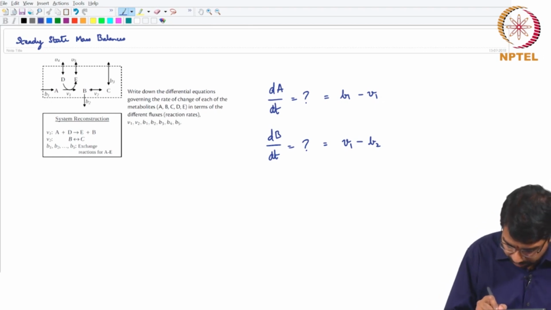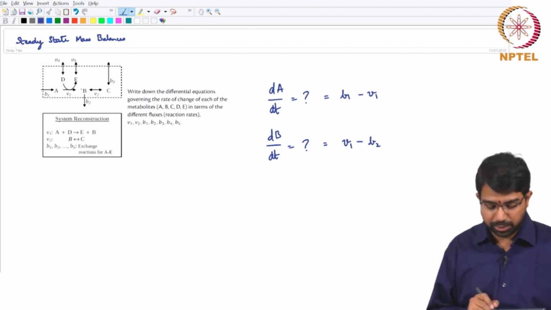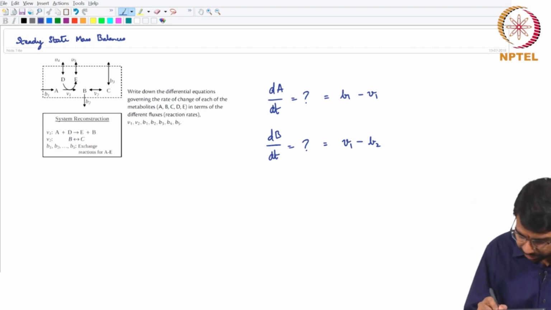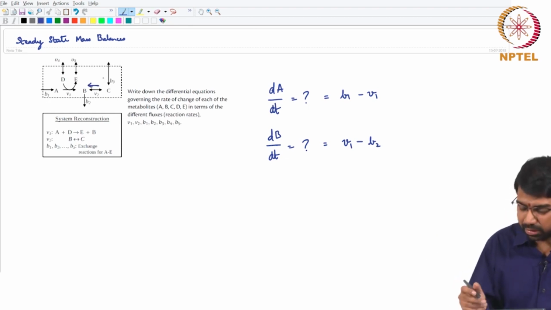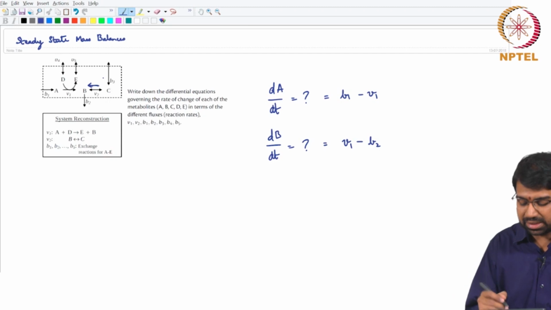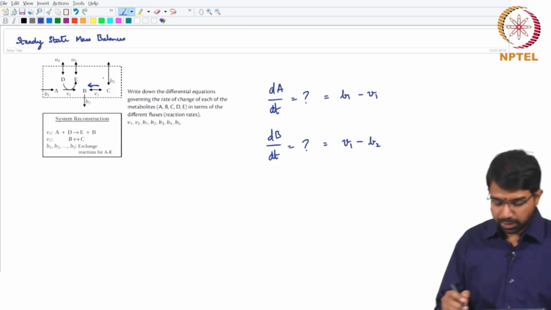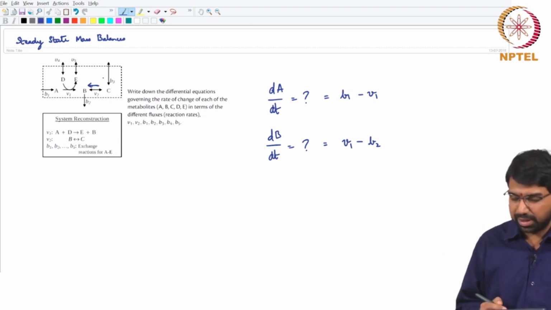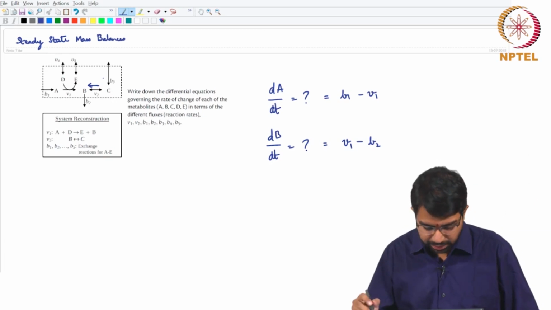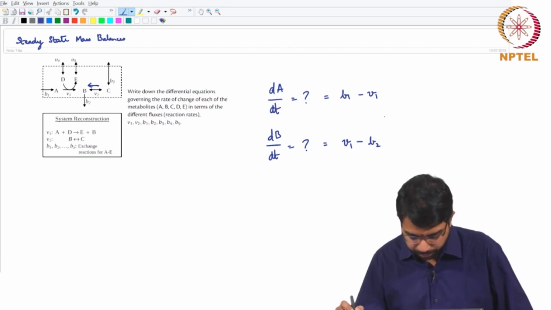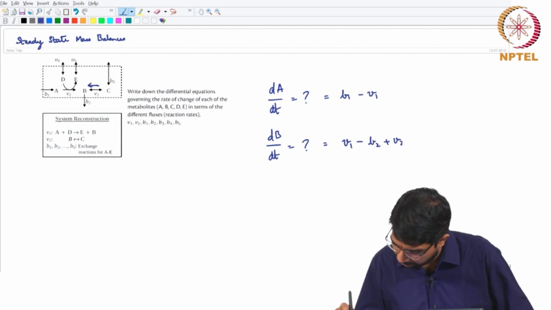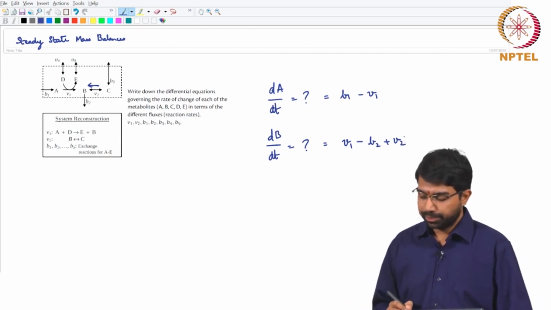So, this is shown with both arrows because it is a reversible reaction, but essentially you can say that it goes in this direction, and if the value V2 is greater than 0 then it goes in this direction, if it is less than 0 it is B going to C. So, let us assume for a moment that it goes in this direction. So, in that case it would be V1 minus B2 plus V2 and so on.